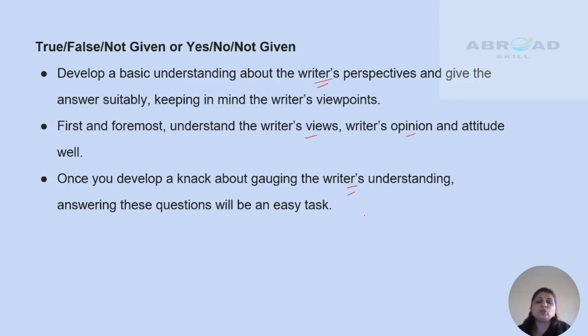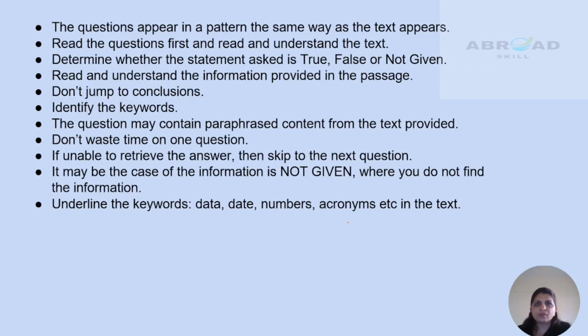That time you need to mention it as not given. You cannot say it as false. There is a very thin line between false and not given, and you need to answer these questions very smartly.